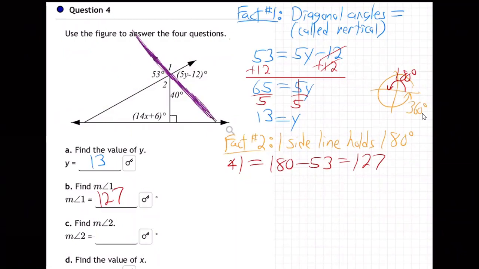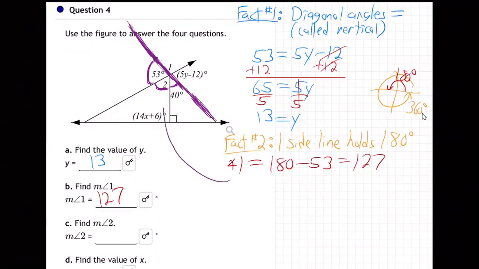So focusing on that line right there, this angle, and this angle. Now we have 3 angles that together make one side of a straight line. See how those 3 angles all put together make one side of that straight line?